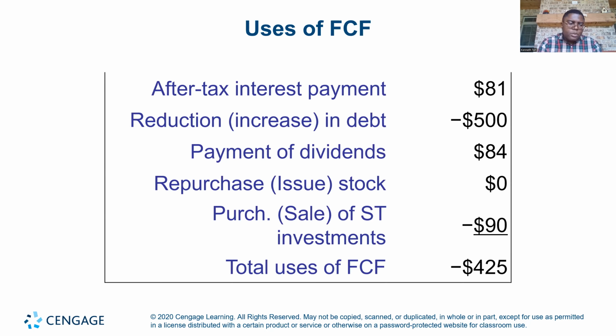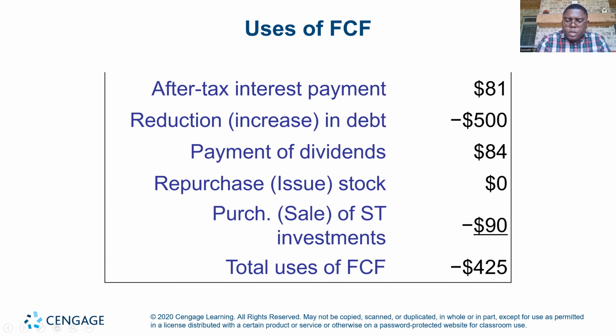Remember, we talked about the five good uses of free cash flow: to pay interest, reduce debt, pay dividends, repurchase stocks, and purchase short-term security investments. So if we look at it from that direction, it confirms the negative free cash flow we had of 425 million.